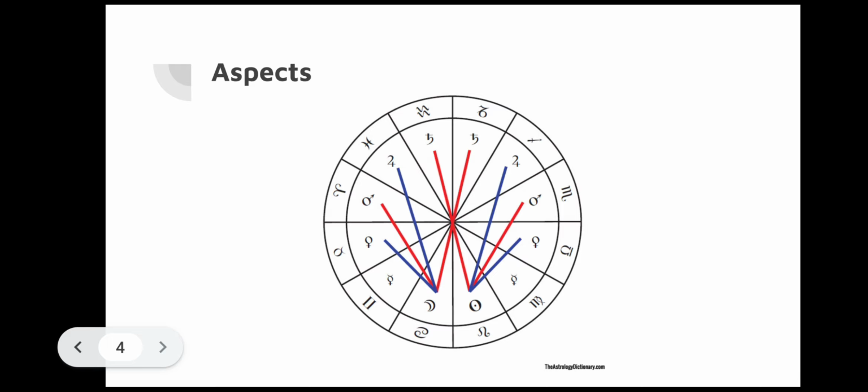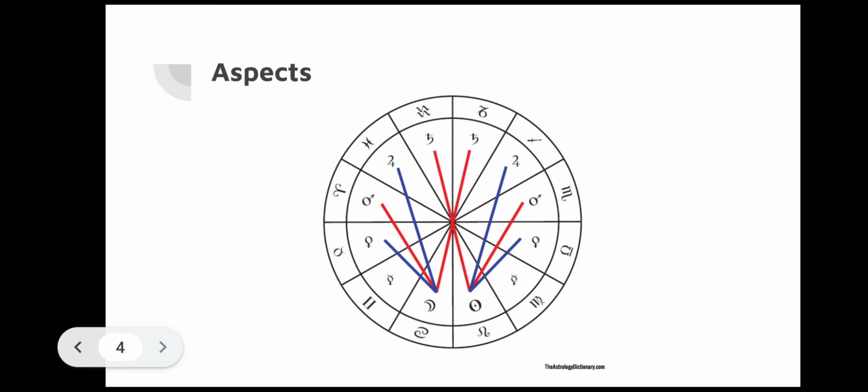Okay, so next up, I want to talk about, okay, this is kind of confusing. You see how we have aspects coming from both the sun and the moon? That's because, what do we need to see? We need light, right? And the sun and the moon are our luminaries.